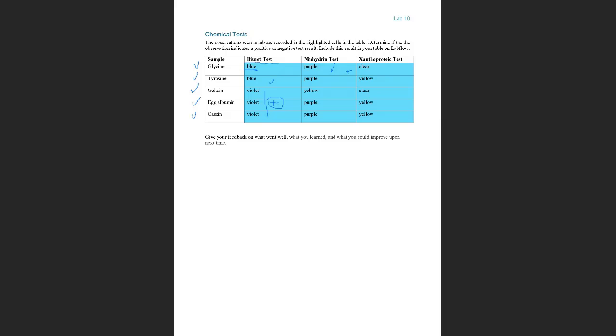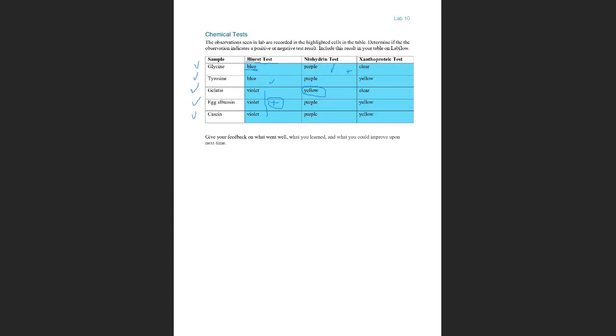But what you need to know is that purple is positive. What is yellow here? Is it positive or negative? Negative will give you a clear, but it's still actually an indication. Secondary amines, for example, proline, make a yellow color when treated with ninhydrin.